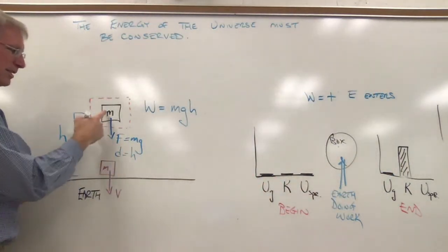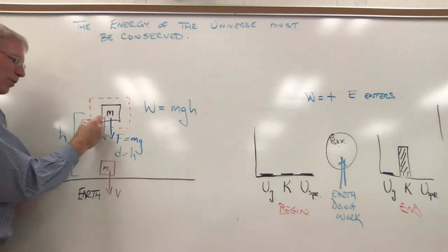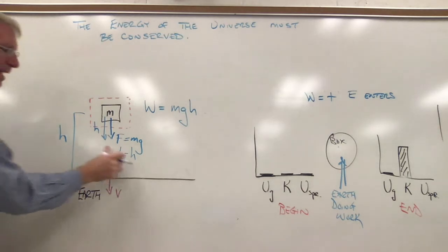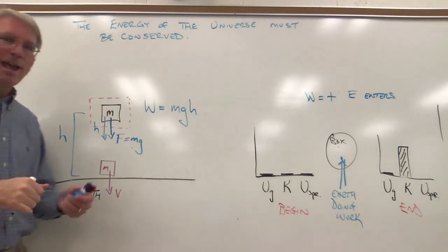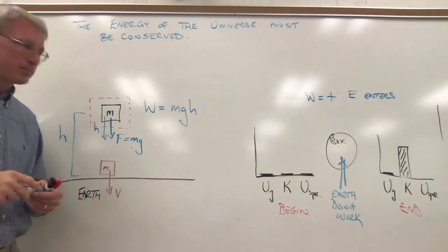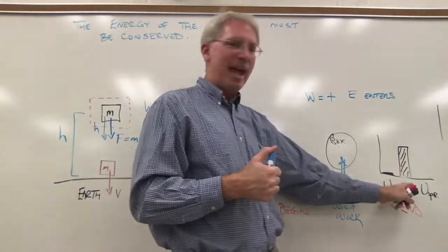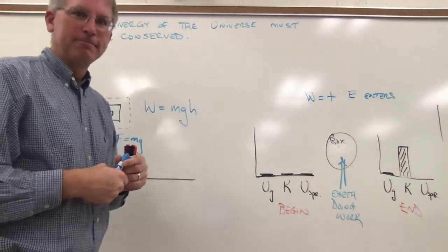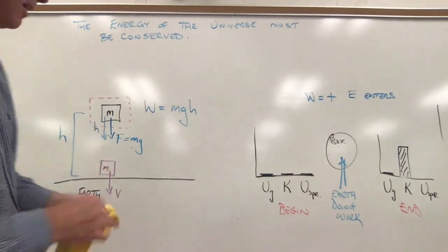My force is downward and my distance is downward. So force and distance, both in the same direction, give me a positive amount of work. Energy is entering my system. So far, so good. Let's take a look at another example here.